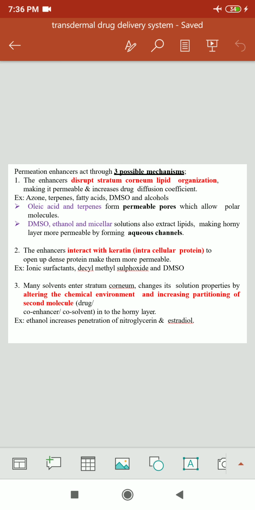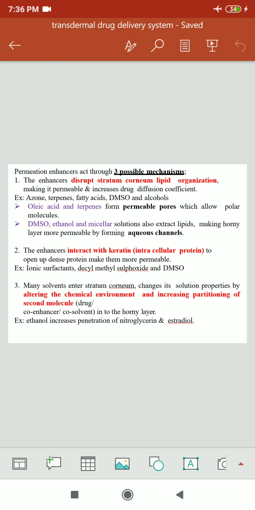Oleic acid and terpenes are used to form permeable pores, and some DMSO and ethanol are used to make the horny layer more permeable by forming aqueous channels. Now the second mechanism for enhancing permeation is to interact with the keratin, the intracellular protein.